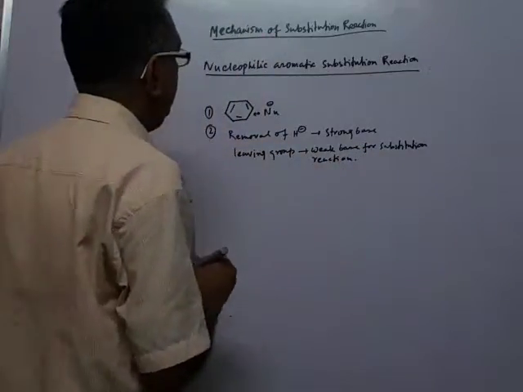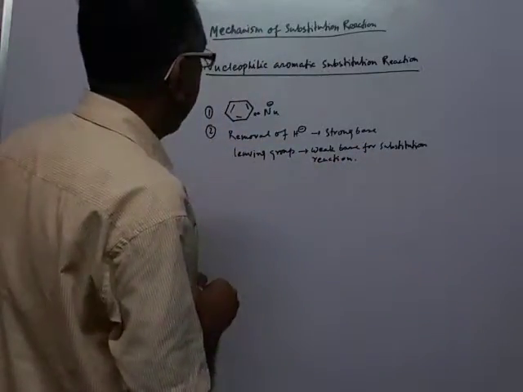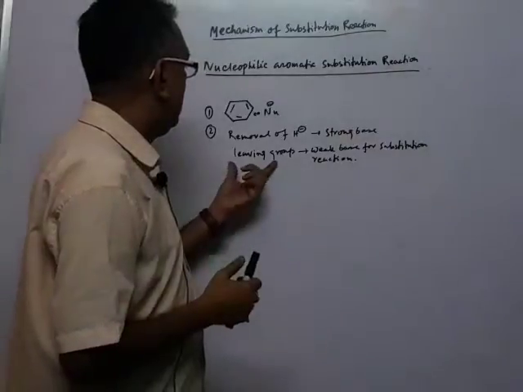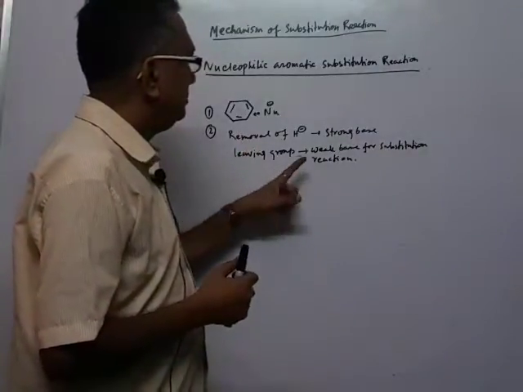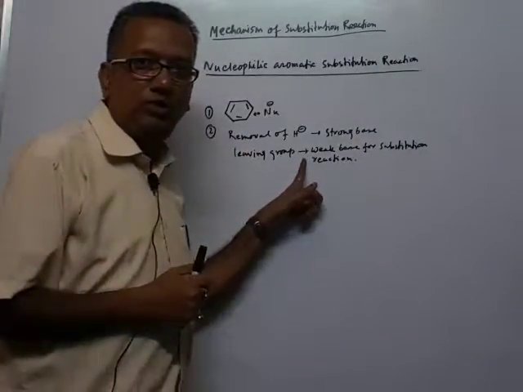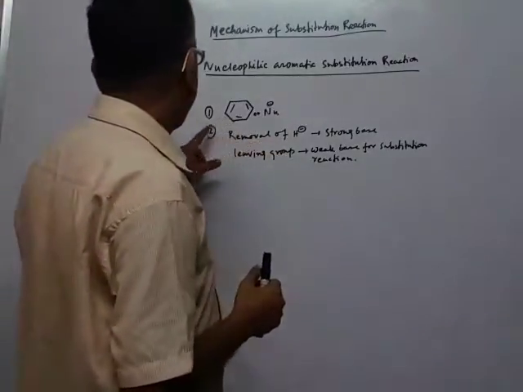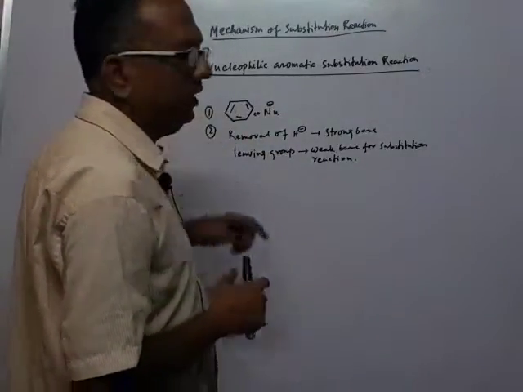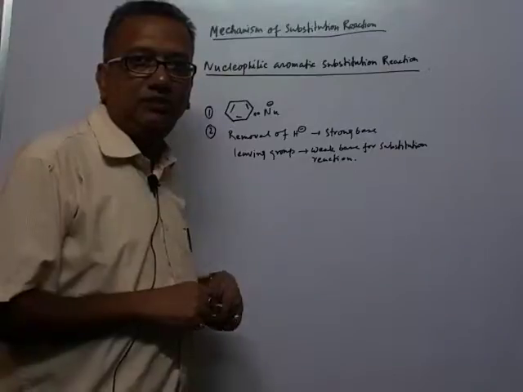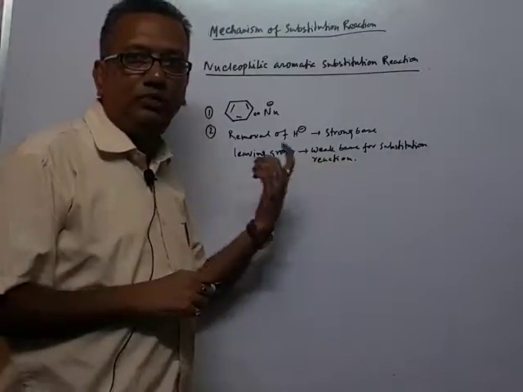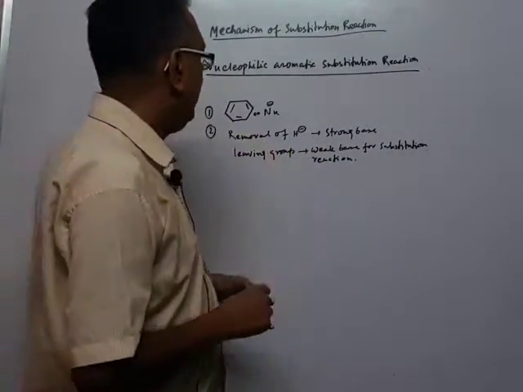So what we see here is that this leaving group is not favorable, and also the high electron density in the ring does not allow the nucleophile to attack the aromatic ring.